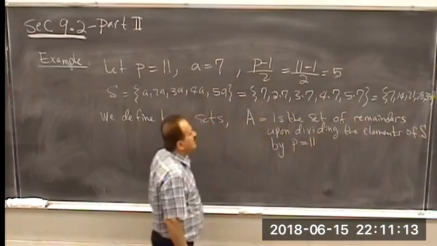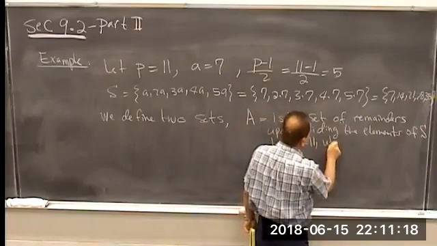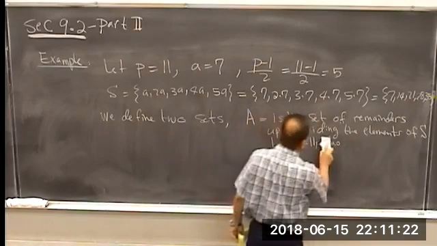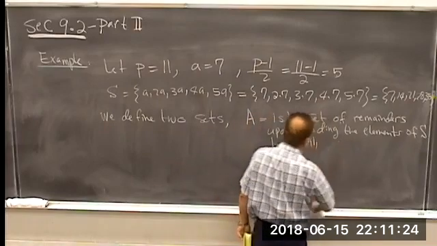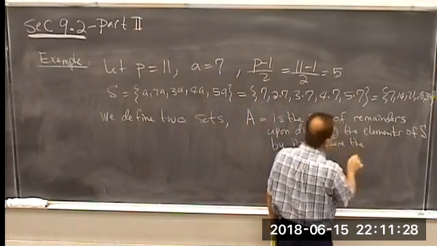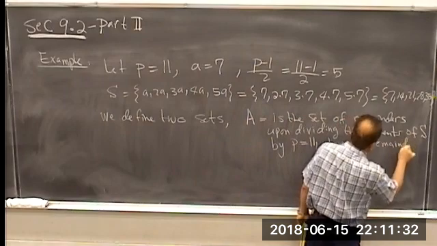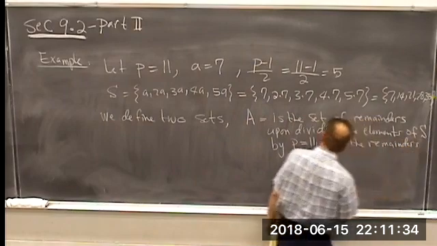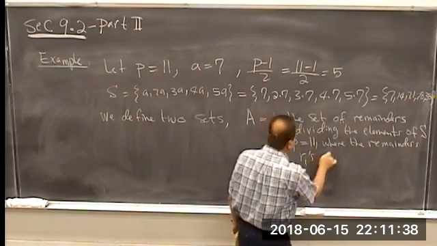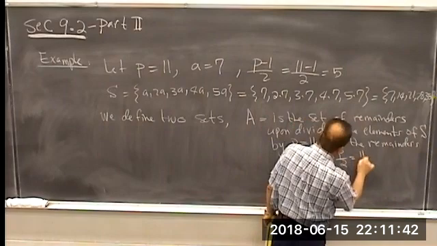Such that the remainder is less than P over 2. I'm going to call the remainders R sub i's, less than P over 2, which is 11 over 2.